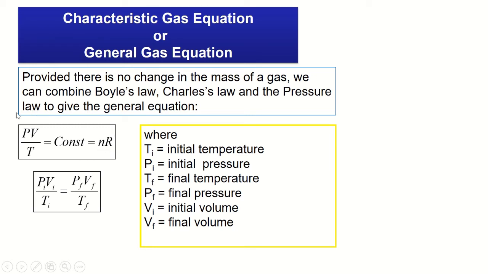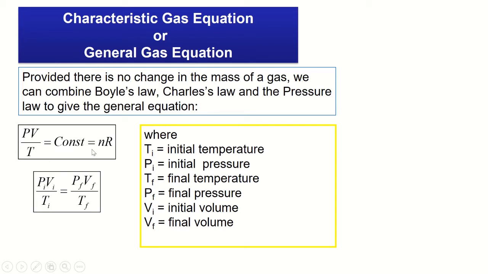Now by using this information, we developed one formula for the gas equation, and this is the formula we are taking here. We are taking two stages of the gas, the initial stage and the final stage.